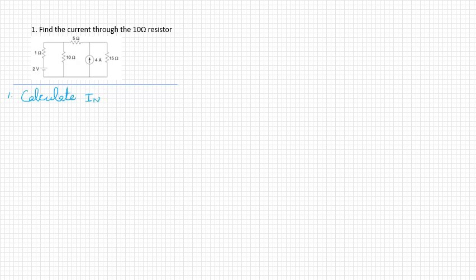In order to calculate IN, I am redrawing the circuit. We have to find the current through the 10 ohm resistor, so this is the load resistor RL. These are the terminals A and B. So remove RL and redraw the circuit.